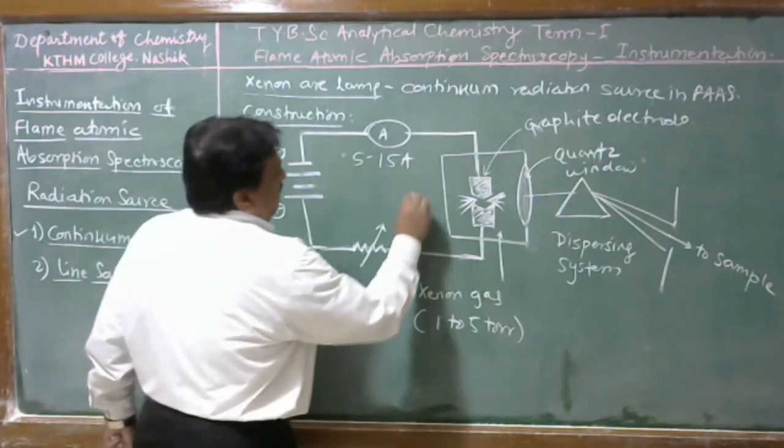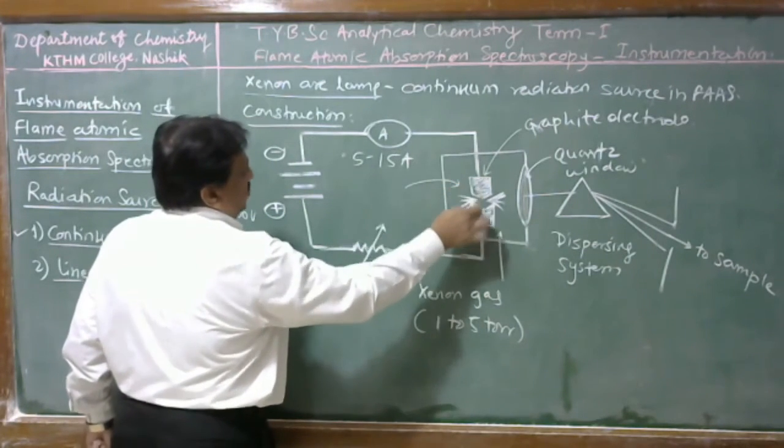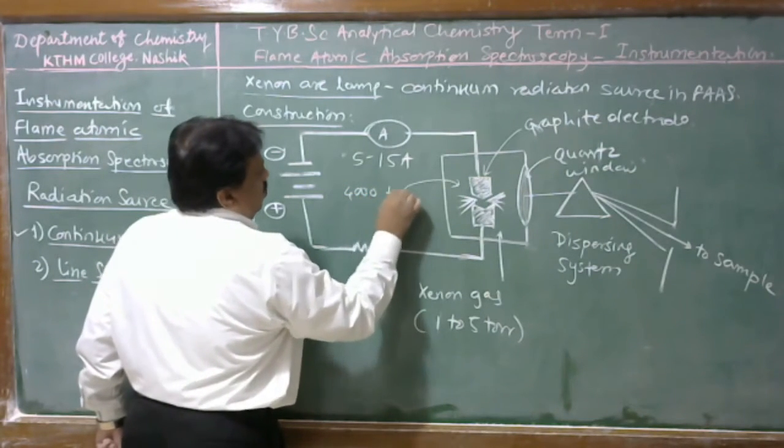Because of this, the temperature of the graphite increases to 4000 to 8000 Kelvin.